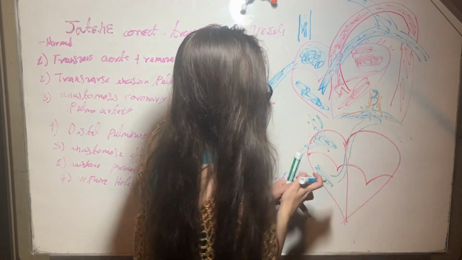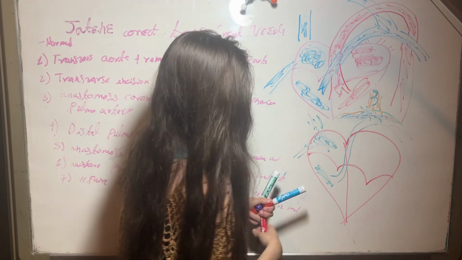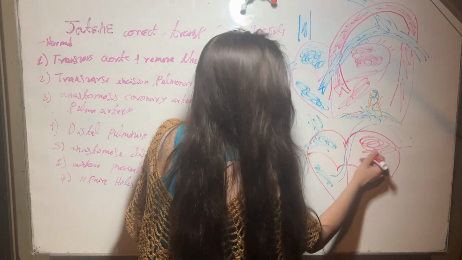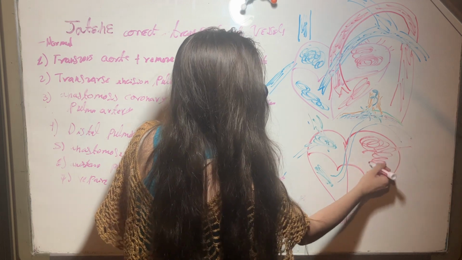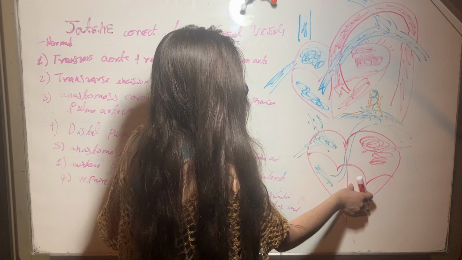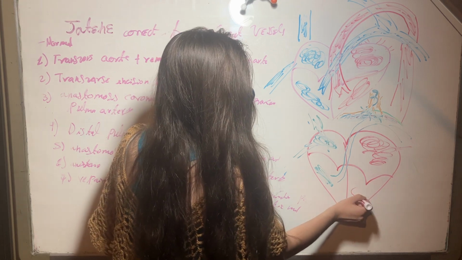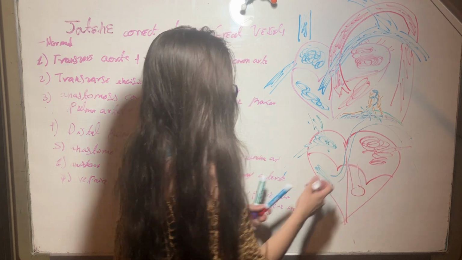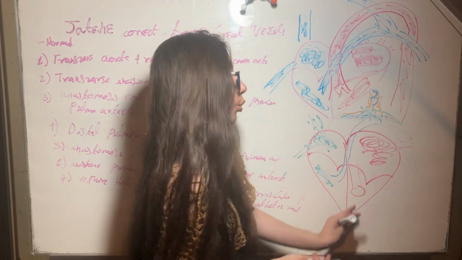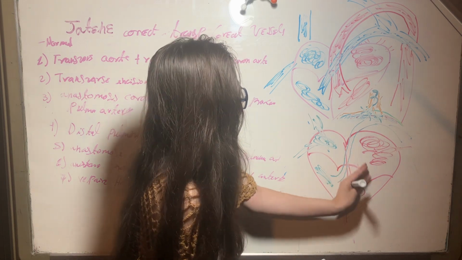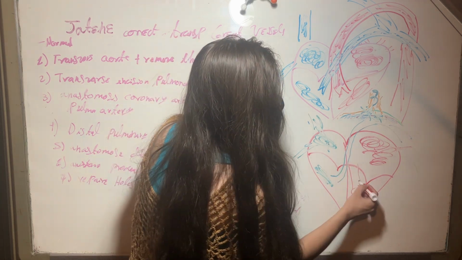Then the blood gets oxygenated, and returns through the pulmonary veins, then passes to the left atrium, then the left ventricle, and then through what was the proximal pulmonary artery, but now functions as the proximal aorta.